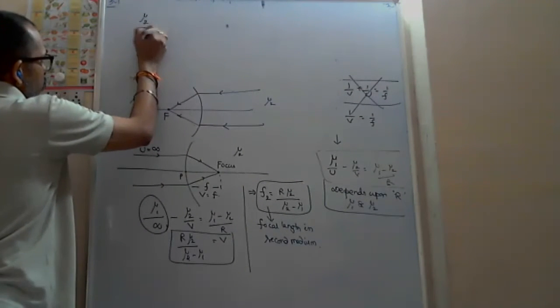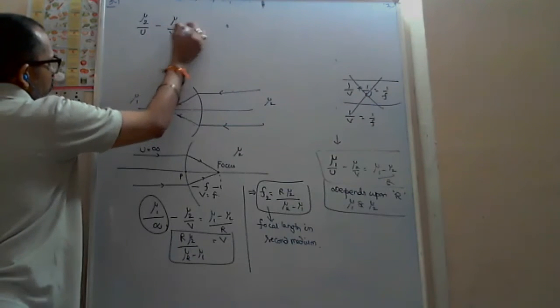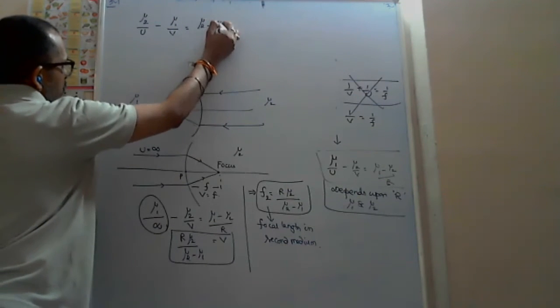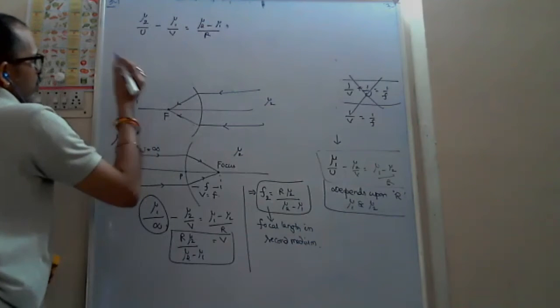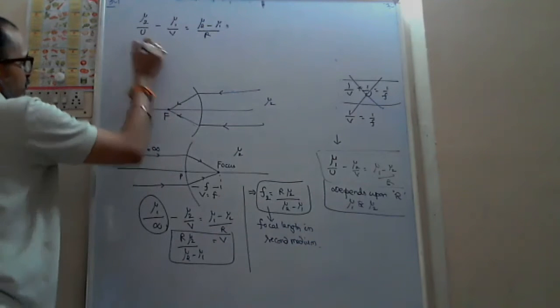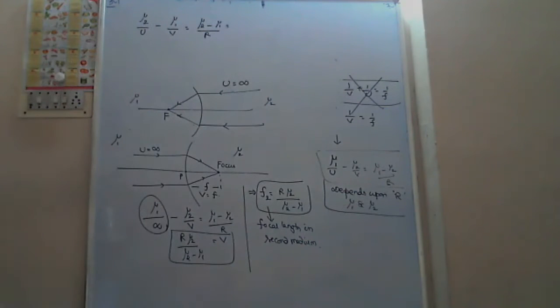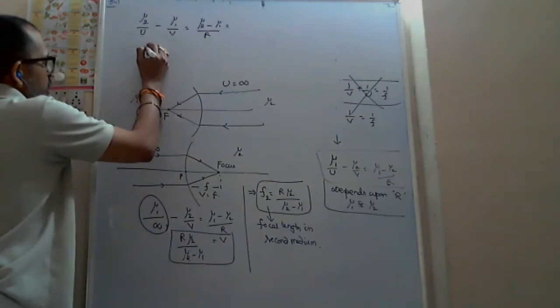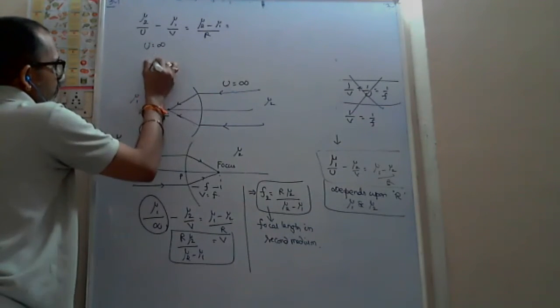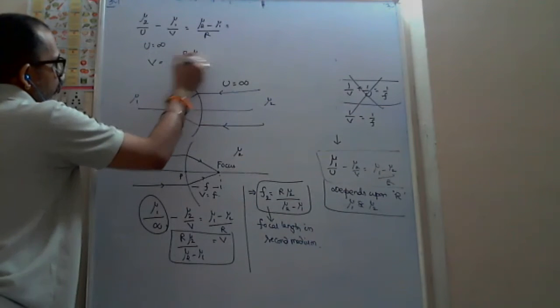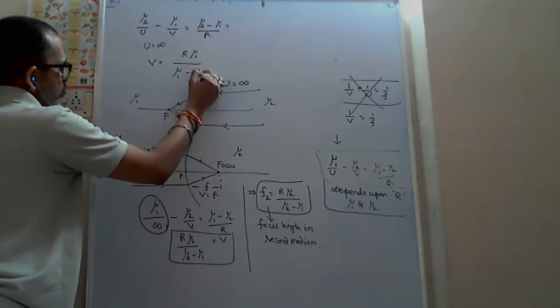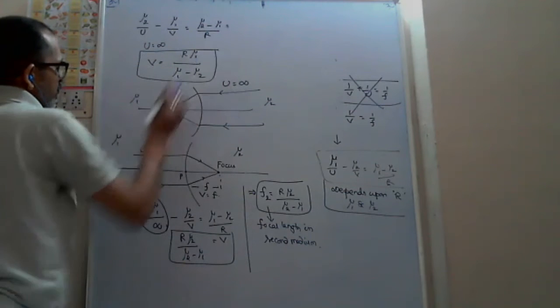So you understood. mu2 by u minus mu1 by v equals to, I have to write, mu2 minus mu1 by r. Then put u equals to infinity now. Then how much will you get? Exactly, you are right. By putting u equals to infinity, you will get v equals to r into mu1 by mu1 minus mu2.